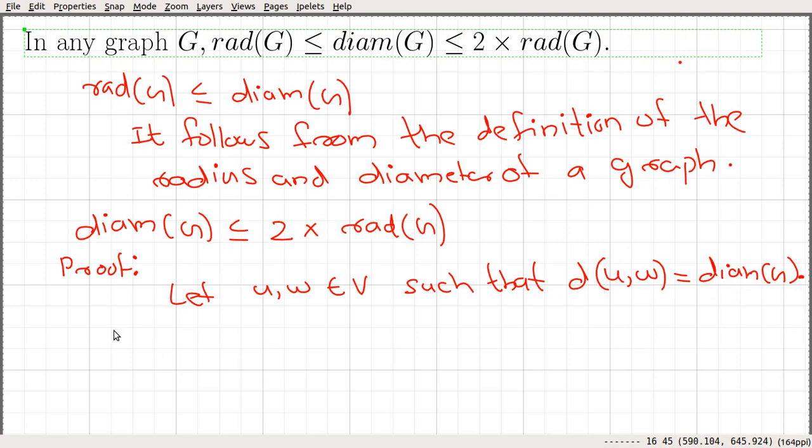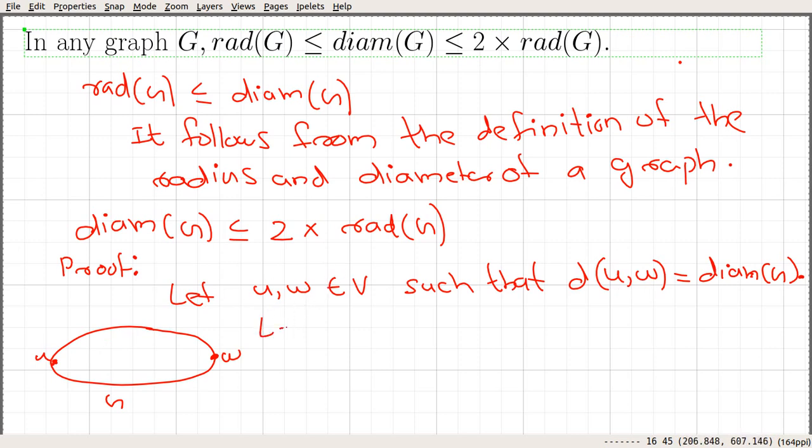Okay, so pictorially it can be represented like this. Suppose that this is our graph G, and U and W may lie somewhere here, right? So we chose U and W in this way. The distance between U and W is equal to the diameter of G. So U and W are the farthest two vertices in the graph.